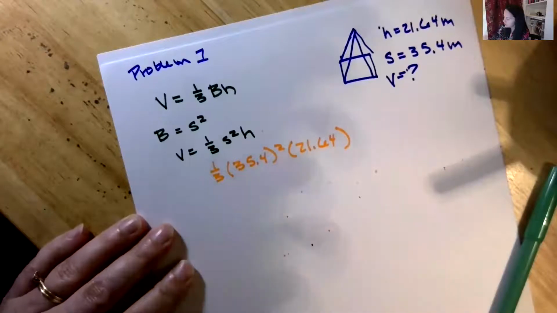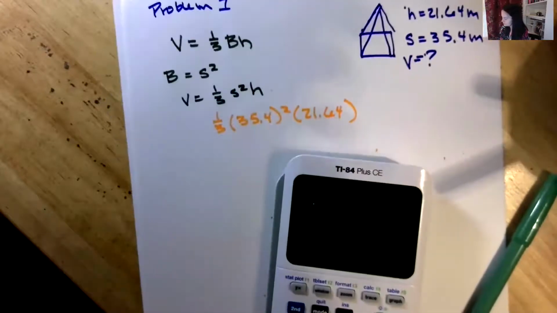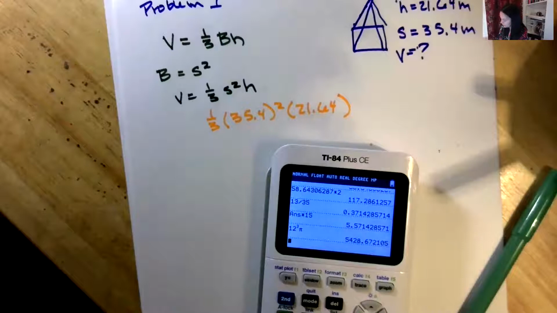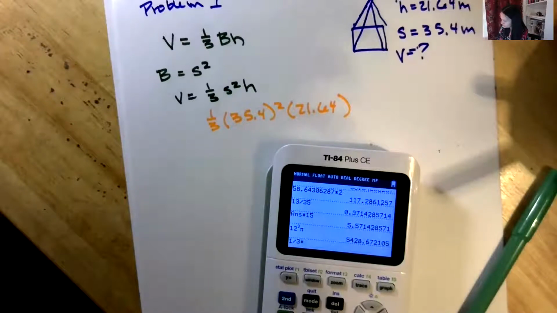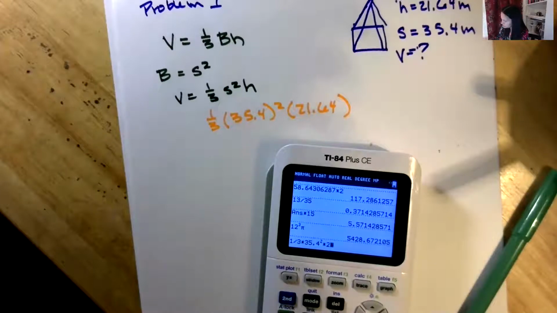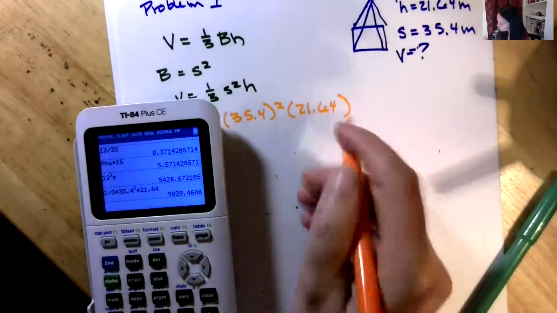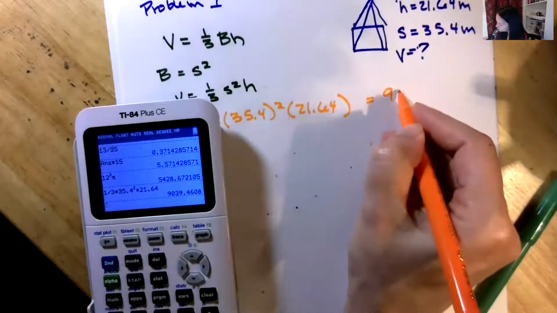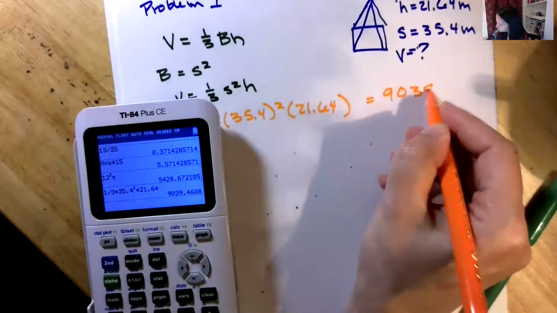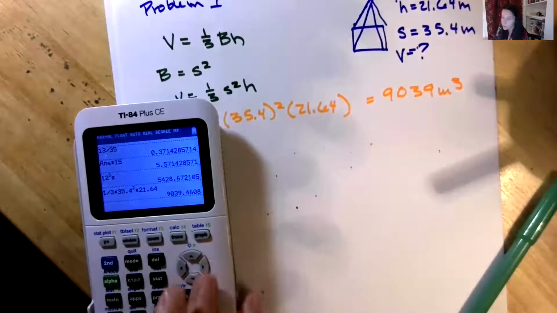If we put that in the calculator, we will get 1 divided by 3 times 35.4 squared times 21.64, 9,039 meters cubed for the volume of that pyramid.